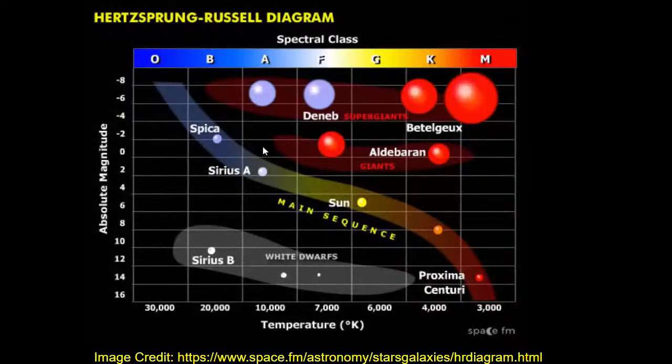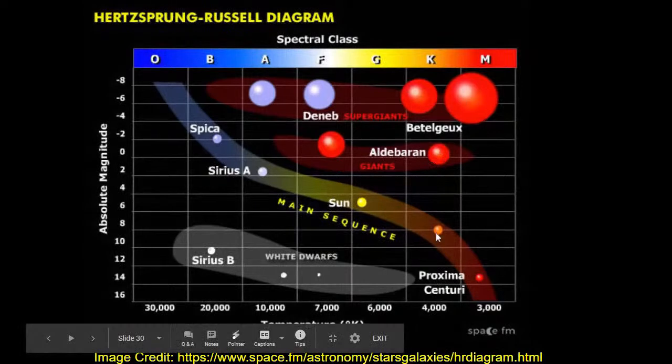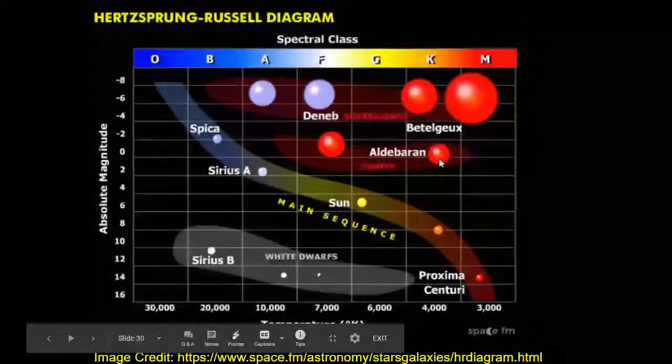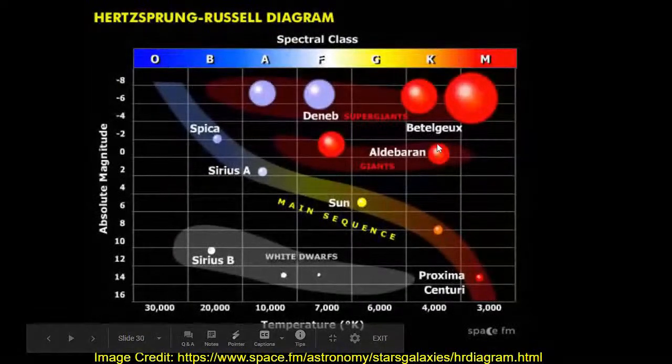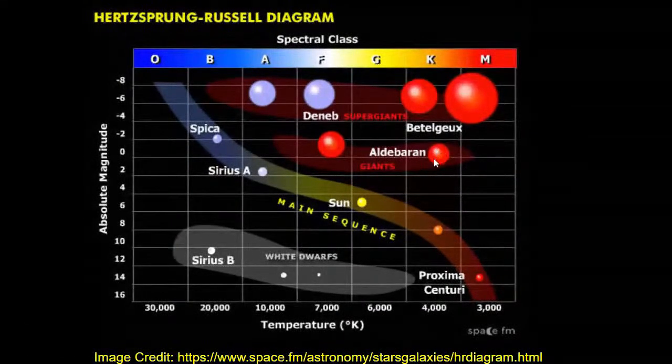And similarly, the giants, the red giants like Aldebaran, etc., have high luminosity, but the temperature is lower because they have expanded. So R is more, luminosity is large, although the temperature T raised to power 4 factor is smaller.